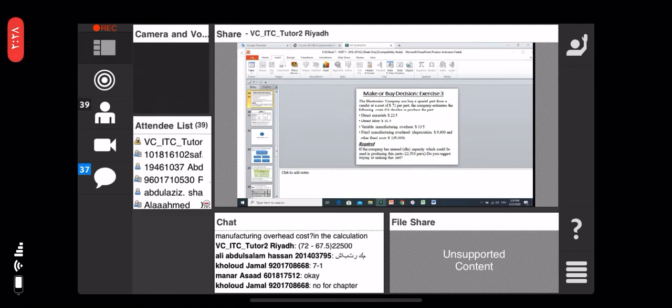Okay, so Manar, he asked a good question. When can we calculate fixed cost? You can calculate fixed cost if he said the fixed cost is unavoidable.